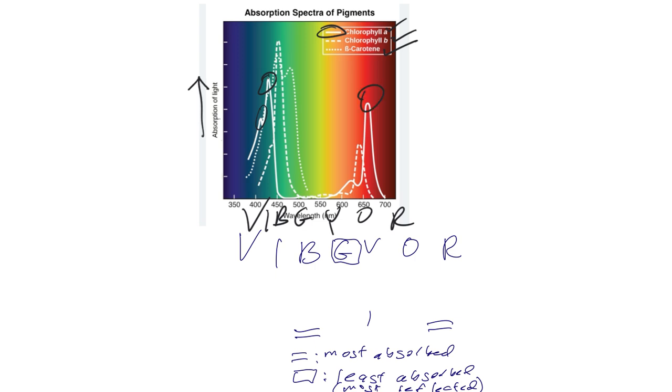So those are the primary energies of the sunlight that's being absorbed. You see that green is the least absorbed. And so a plant appears green because the green part of the sunlight is not absorbed by a plant, but is reflected.